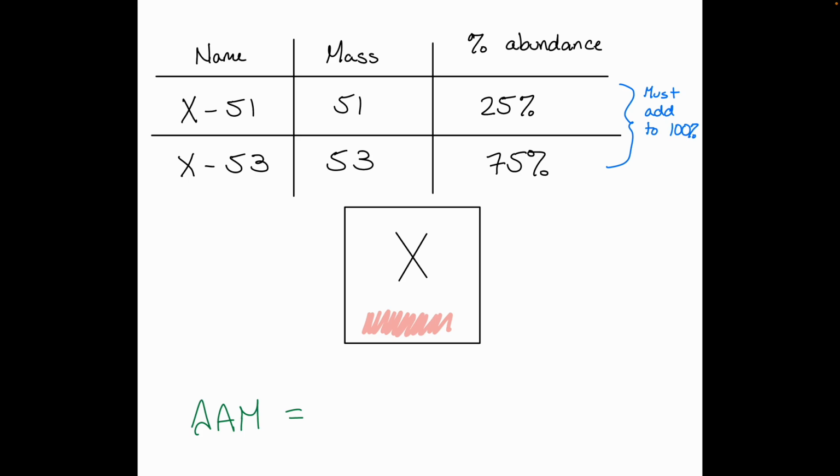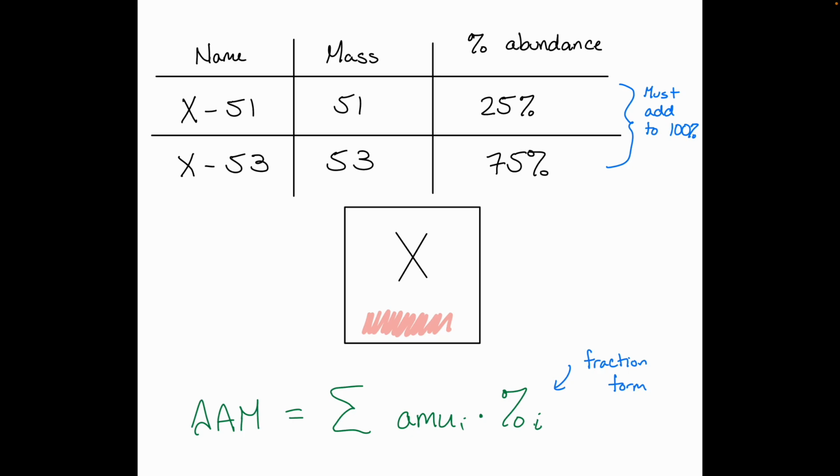It's going to be equal to the sum of the mass of each isotope multiplied by its percent abundance. This fancy little sigma here means the sum of all of your isotopes. You take all your isotopes, multiply the mass by the abundance, and sum them all together. All right? The only caveat here is we have to put that percent in what's called fraction form.